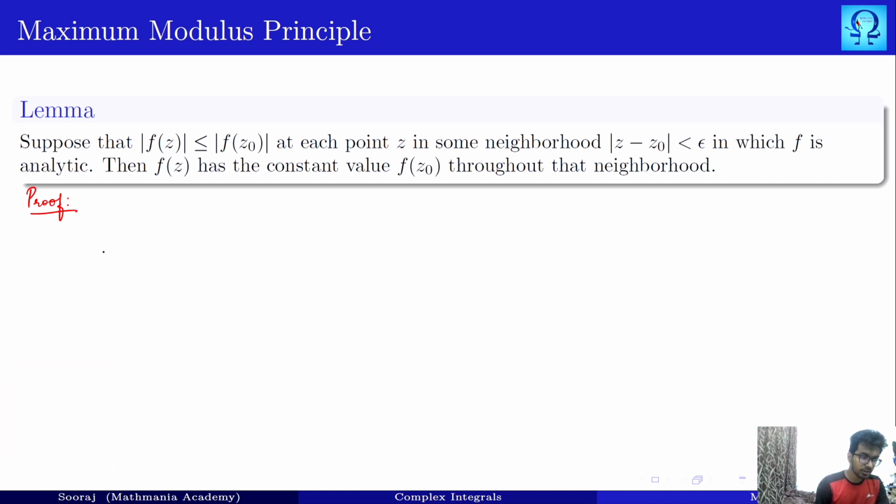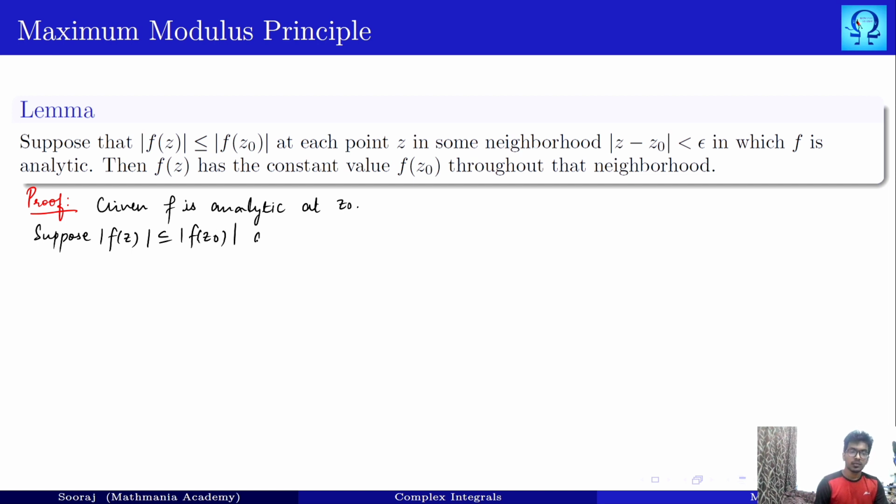To begin with the proof, we are given that f is analytic at z naught, and suppose absolute of f of z is smaller than or equal to absolute of f of z naught at each point z in some neighborhood, that is, absolute of z minus z naught is smaller than epsilon.